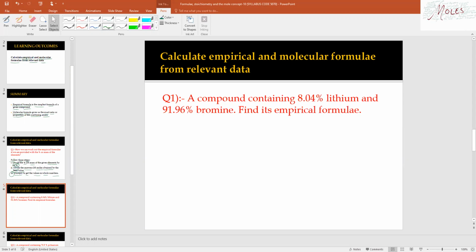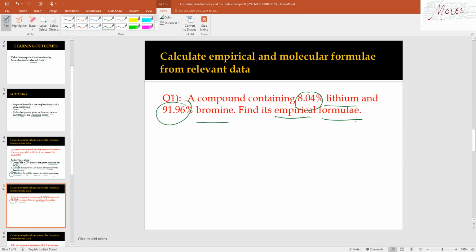Here's a question. A compound containing 8.04% lithium and 91.96% bromine. Find its empirical formula. In the first step, I will divide the percent of Li and Br by their ARs.